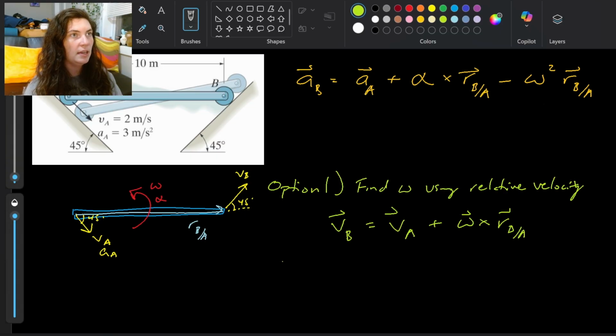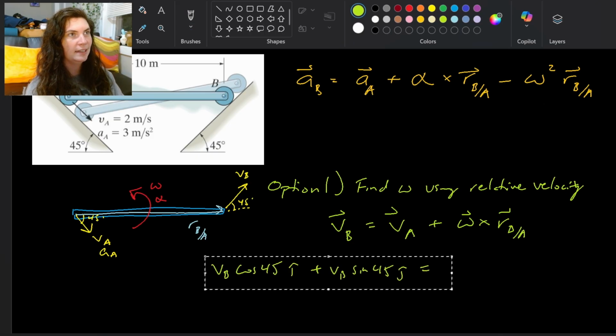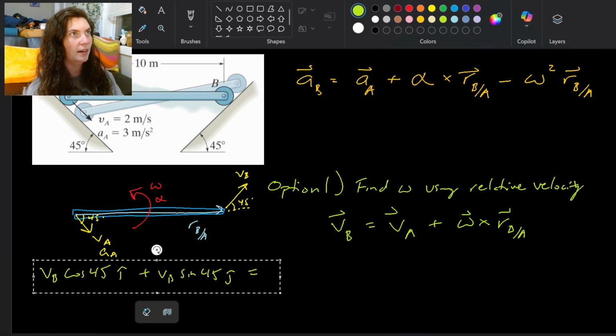So my VB, if I separate that out into its components, that's going to be VB cosine 45 i hat plus VB sine 45 j hat. Right, that takes care of my x and y components for VB. That's going to equal VA, and I did not give myself anywhere near enough room for this. Let me just move that over.